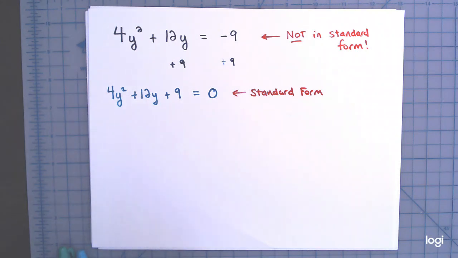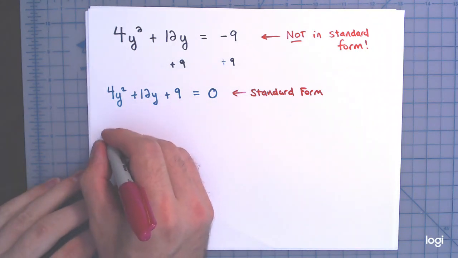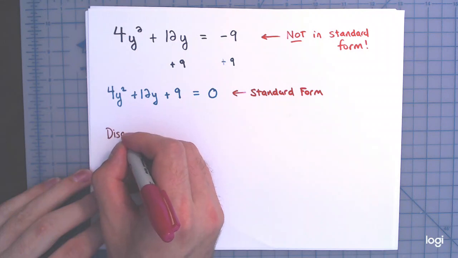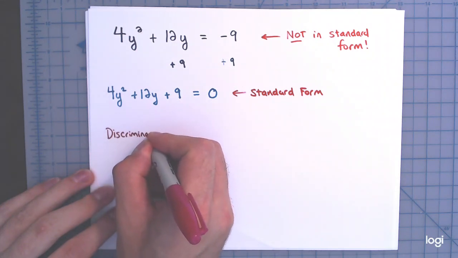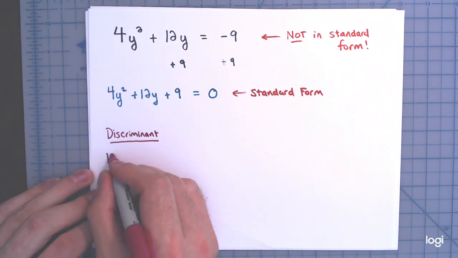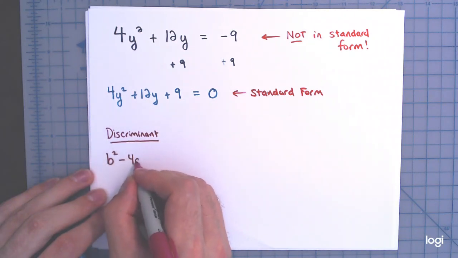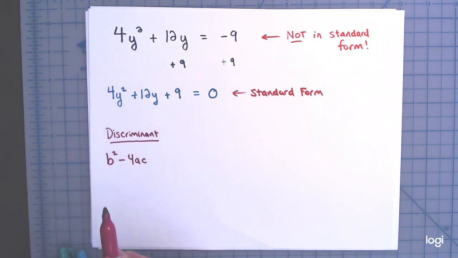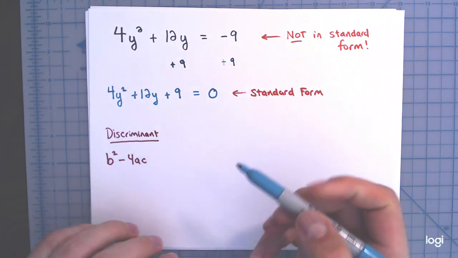Alright, so what is that again? Right, so the discriminant, remember, is this value here. That b squared minus 4 times a times c, right, that expression underneath the radical in the quadratic formula. So I need to know what the a, b, and c are.